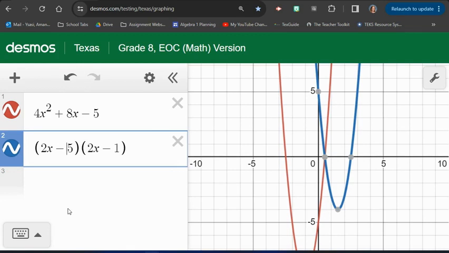Next one says 2x plus 5 times 2x minus 1. So you can either change it or X it out and put in the next answer choice.